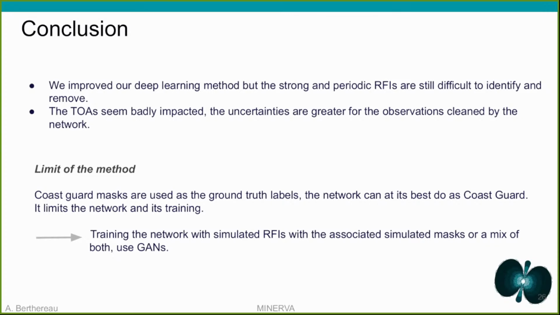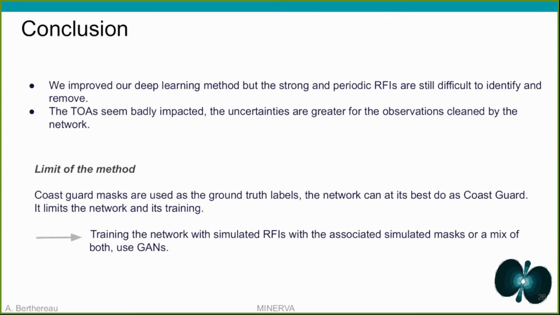And we think that is because we are using the CoastGuard mask as a ground truth label, because our network is using this mask to learn how to detect RFI, so it can at its best do as good as CoastGuard.